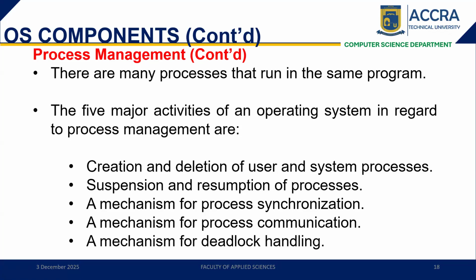And then we have a mechanism for deadlock handling. Handling of deadlock means that you shouldn't let processes conflict. The operating system should know which process has to be done in comparison to another, so that there will not be a problem of the processes locking horns and clashing.